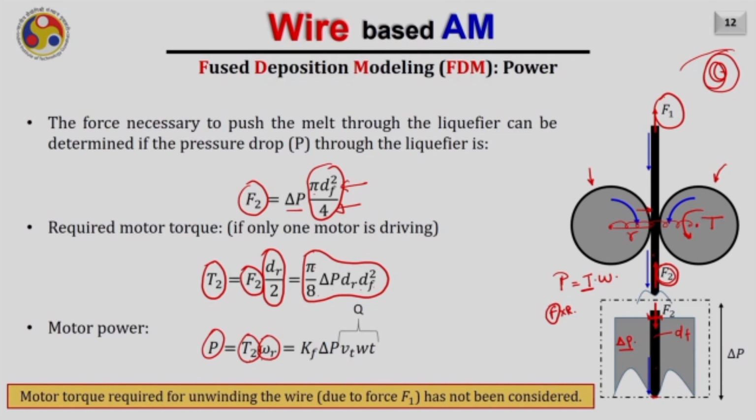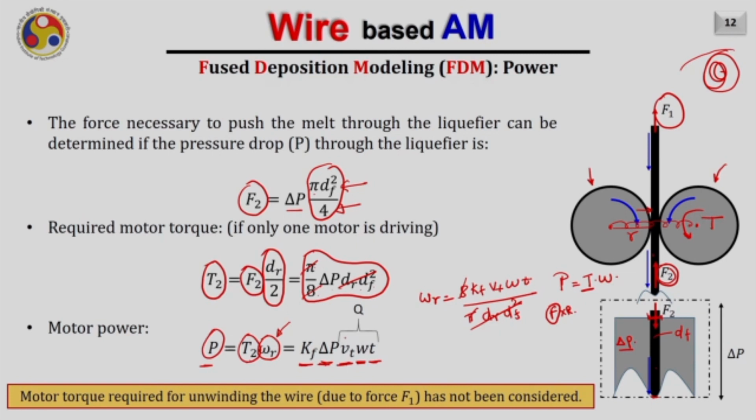Now I can put the value of omega r which we derived just now, and it was omega r equals 8 kf Vt Wt divided by dr df square. So as dr and df square cancel out, and this 8 also cancels out, and there is a pi here which also cancels out, you will have the final value for power equal to kf delta P Vt into Wt.